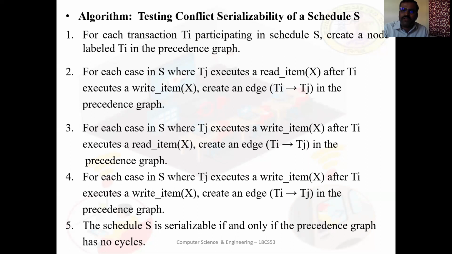Cycle means the starting node Tj and ending node Tj are the same.